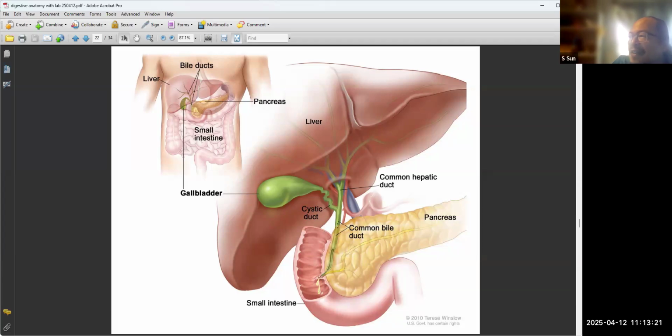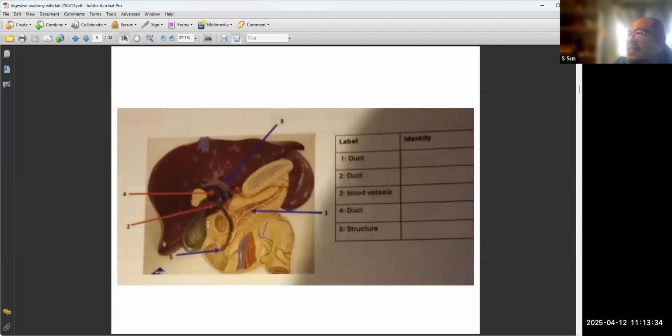Yeah, I don't know why they didn't label this one. This one is way more important, but that's okay. Cystic duct. And then coming down here is the common hepatic duct. Right here. So that one is the common hepatic duct.